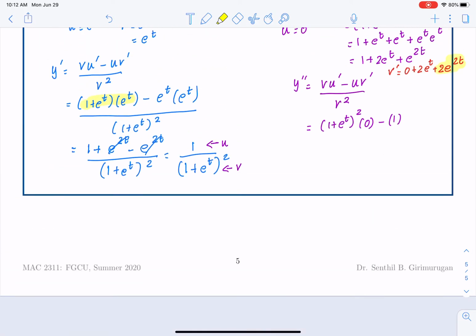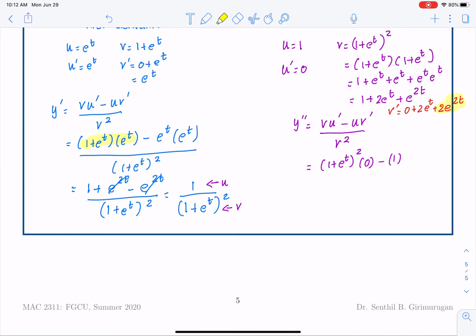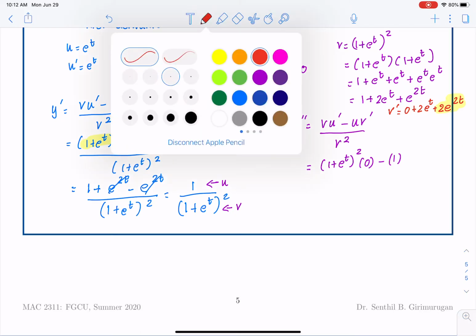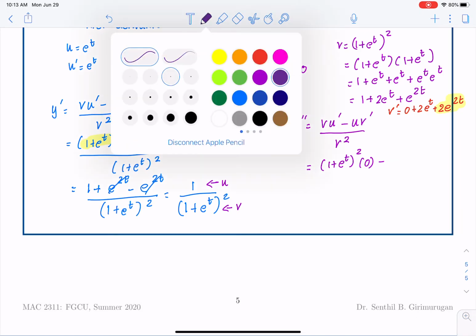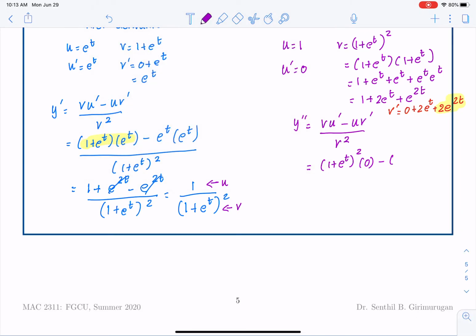The derivative of e raised to t is 2 times e raised to t. So v prime would now be 1 plus 2 e raised t plus e raised to t divided by 1 plus e raised t squared.